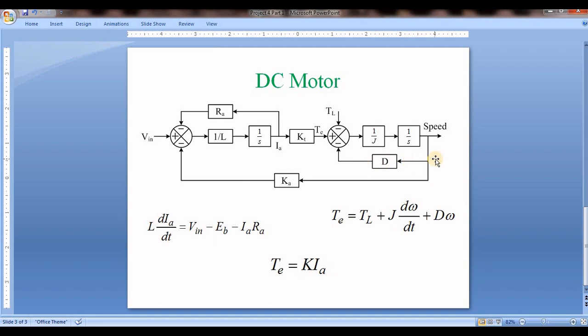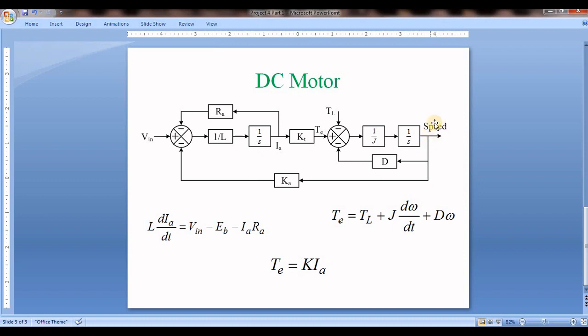So the friction coefficient d. So Te minus TL minus d omega gives J d omega by dt. So by multiplying by 1 by J, I can get d omega by dt. So by integrating d omega by dt, I can get speed.